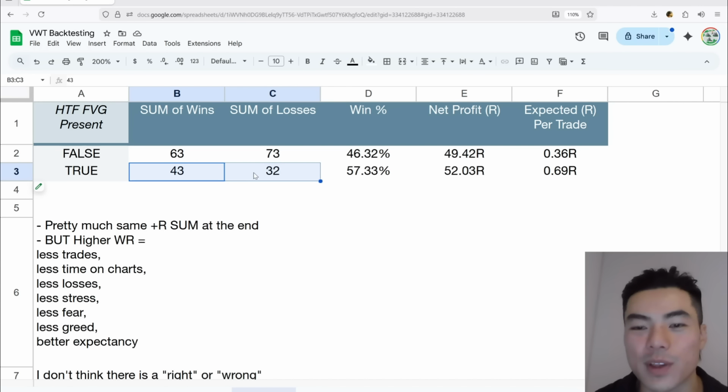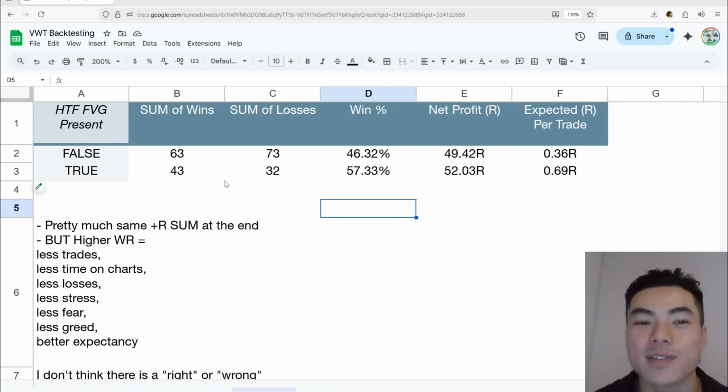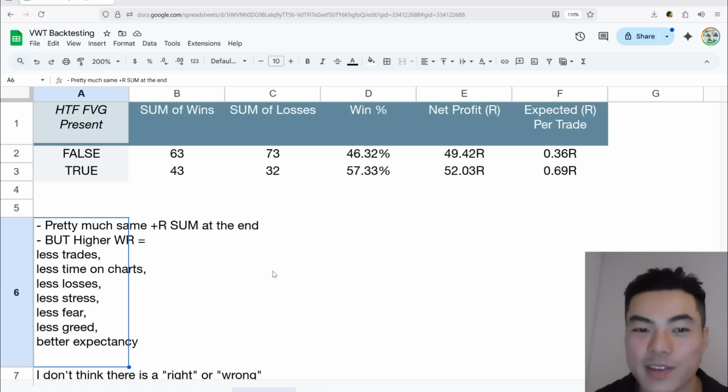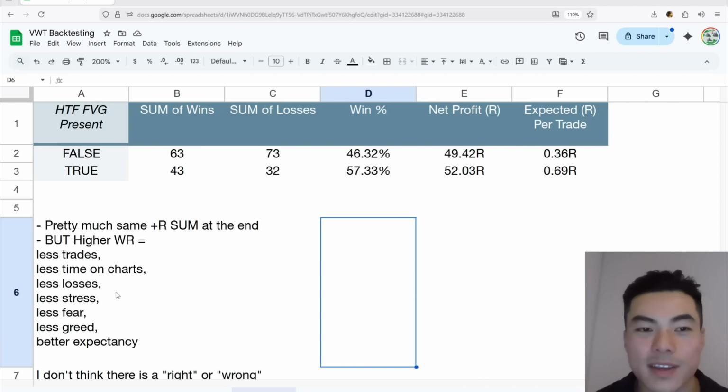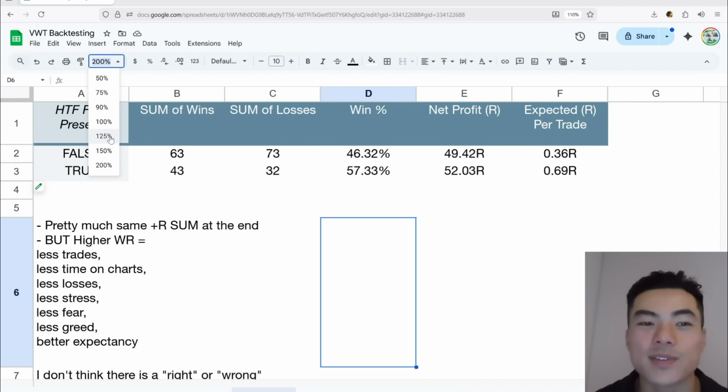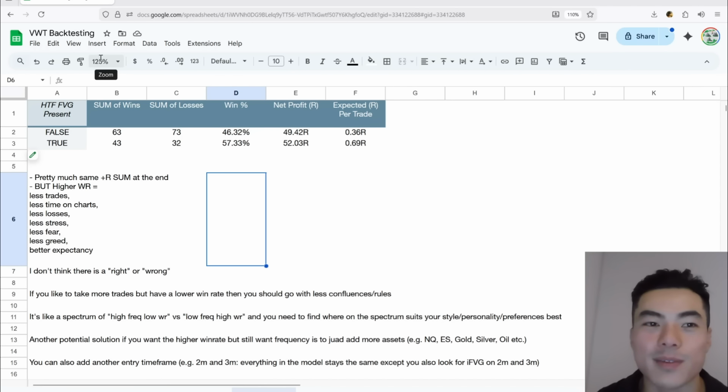But if you only took trades with the higher time frame fair value gap, that would be 75 trades. So, less than half the trades. So less time on the charts, which also means less losses, less stress, less fear, less greed, just less emotions, and a better expectancy per trade.